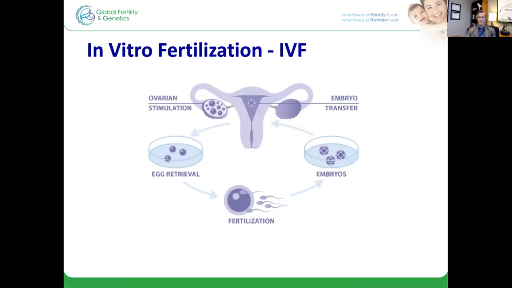And this is a process done under heavy sedation. The eggs will be given to the lab. They will be fertilized with the chosen sperm. And then the embryos will be growing in the lab, usually for 5 days, before we can transfer them back to the surrogate's uterus.